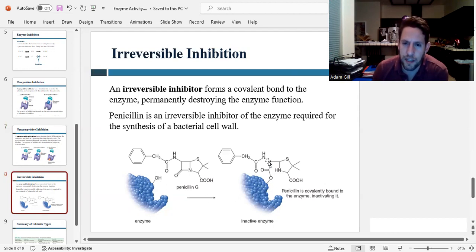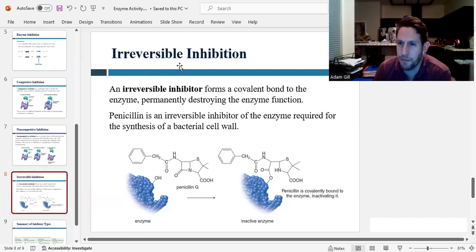So it forms this ester bond here to the active site of the enzyme, and then the enzyme can't pick up its substrate anymore. Now, humans don't have cell walls the same way bacteria do, and so we don't even have that enzyme in our body. So for us, penicillin does nothing, but to a bacterium, it's deadly and it's permanent. They can't undo it.